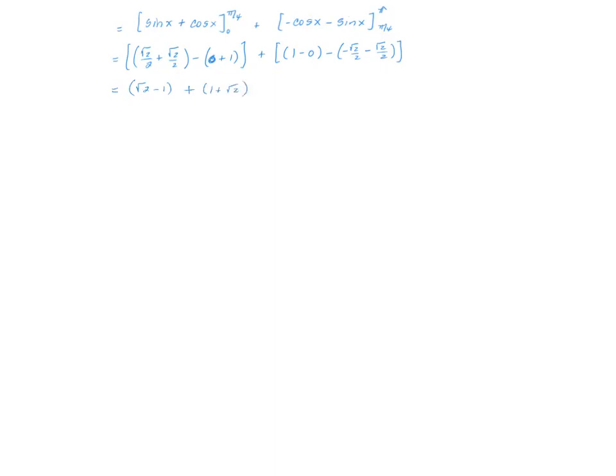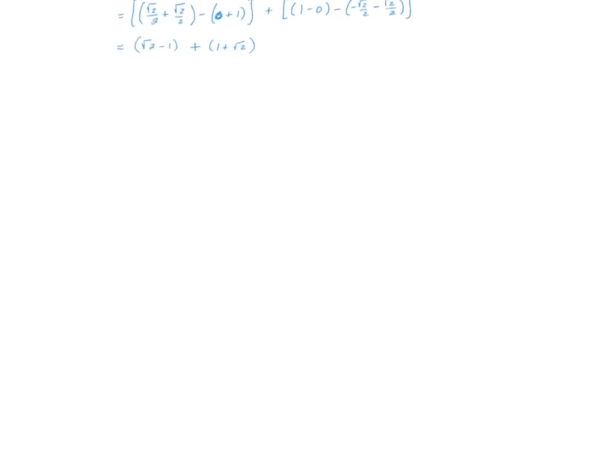And again, I'm looking at exact answers whenever possible. It looks like the 1s are going to cancel, and I have 2 square root of 2 as my solution. Again, this is an exact answer, which is preferable. Right, so that would be part A.